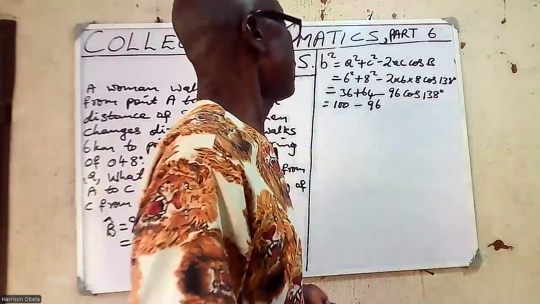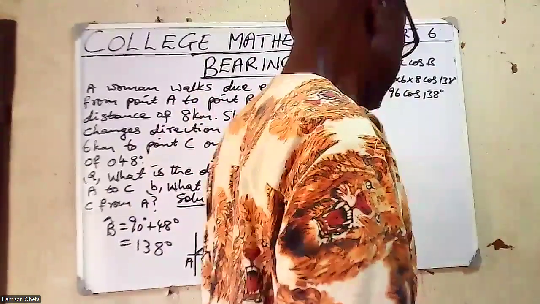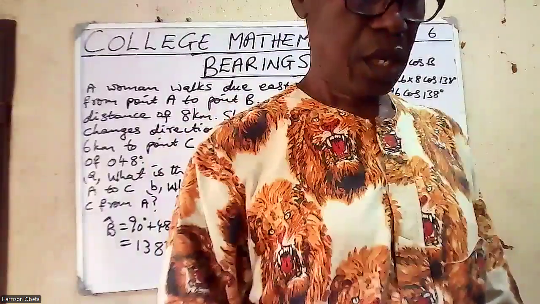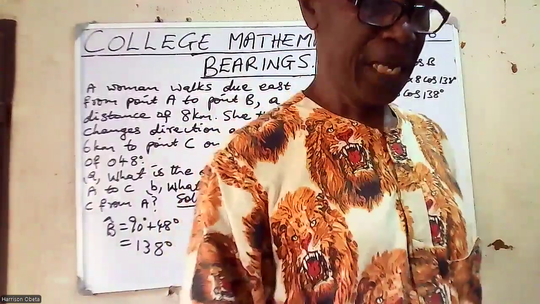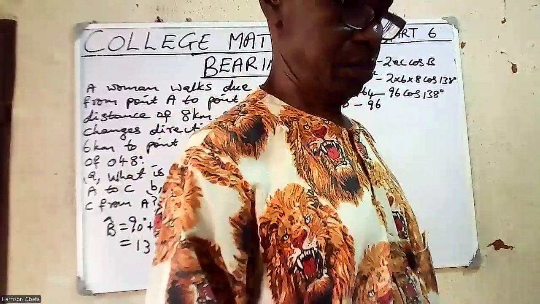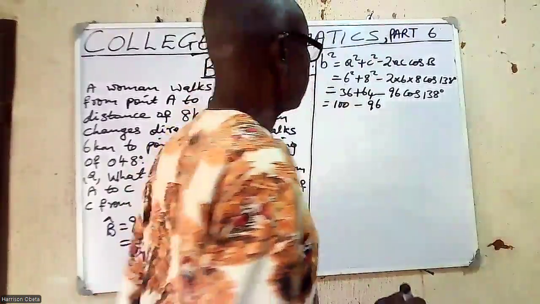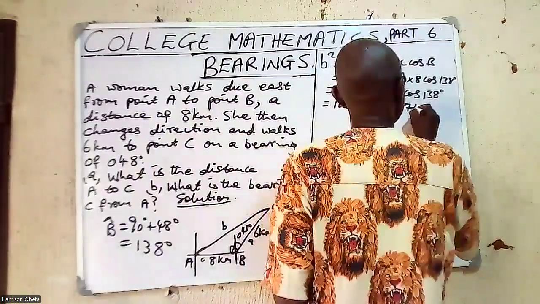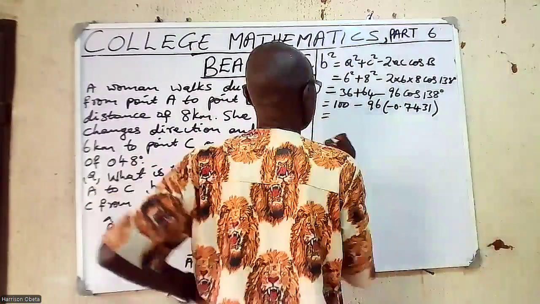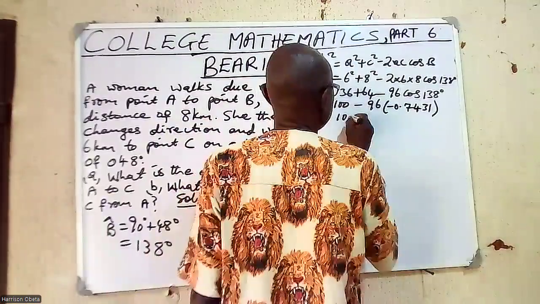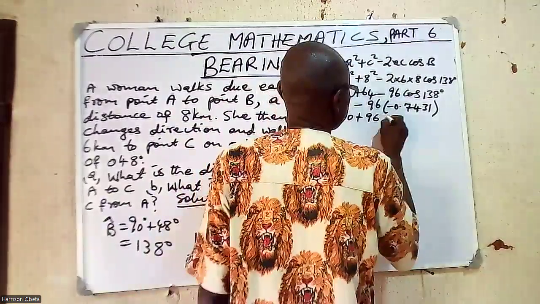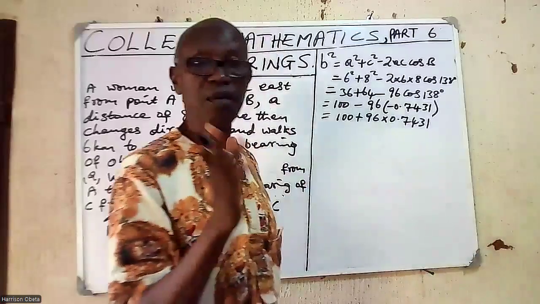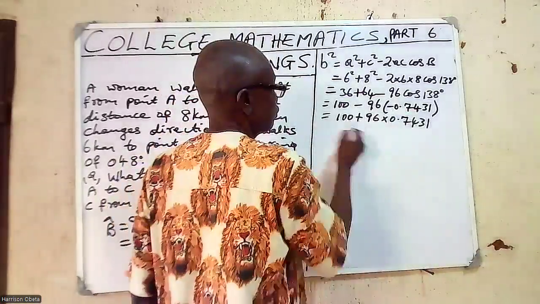Then we look for cos 138, either from your four-figure table or from a calculator, and that will give us minus 0.7431. So we have 100 plus 96 times 0.7431. Remember, it is now plus because minus and minus will change to plus.